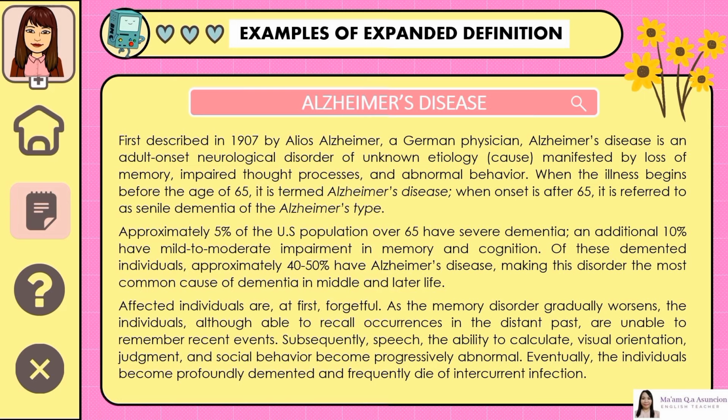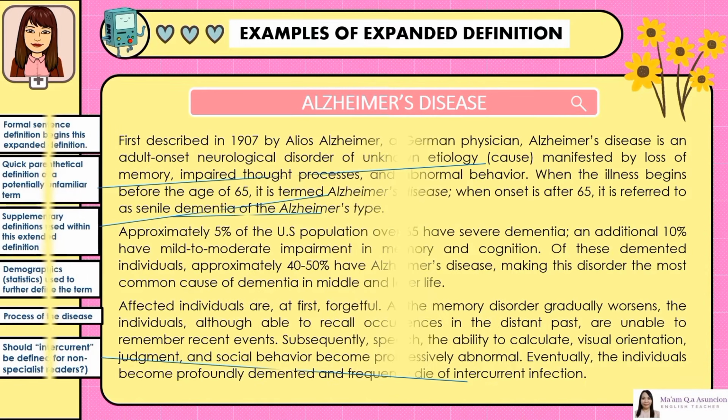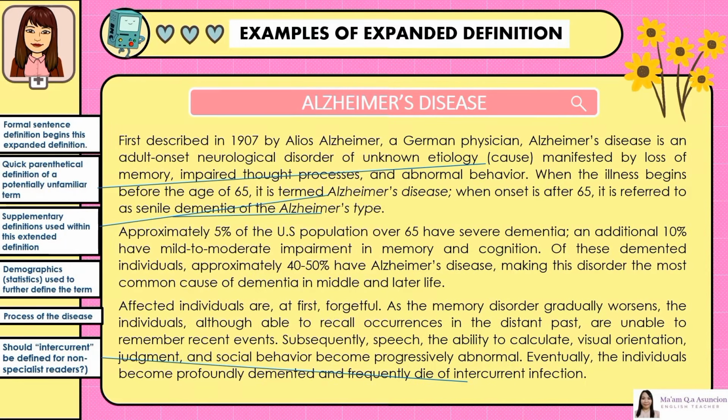This is an example of an expanded definition. These sources of expanded definition are used. Formal sentence definition begins this expanded definition. Quick parenthetical definition of a potentially unfamiliar term.